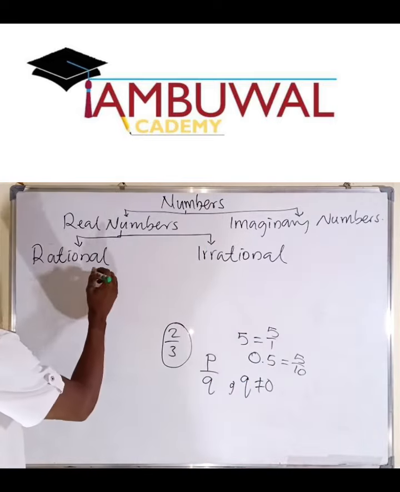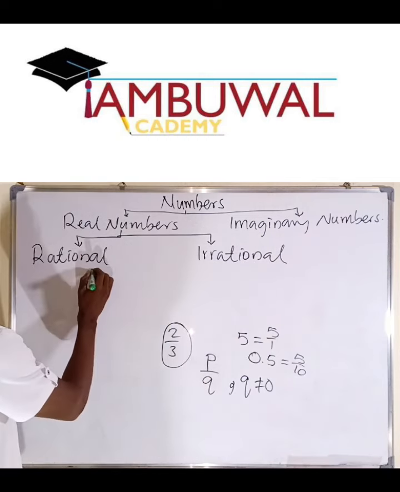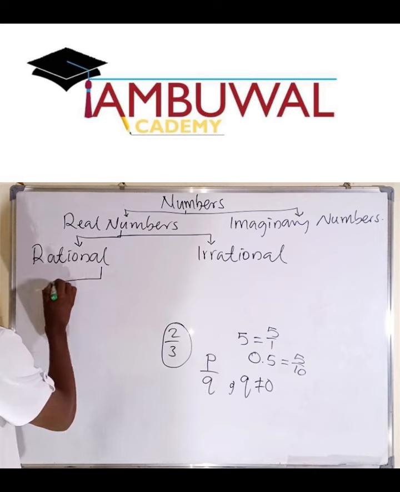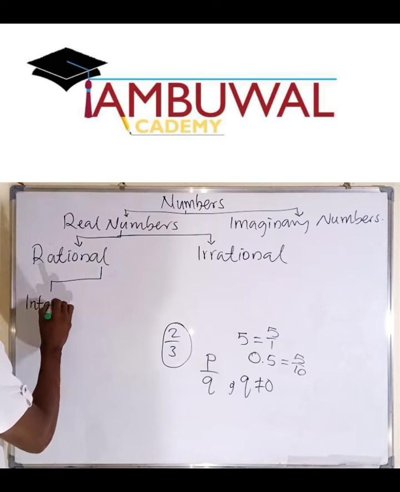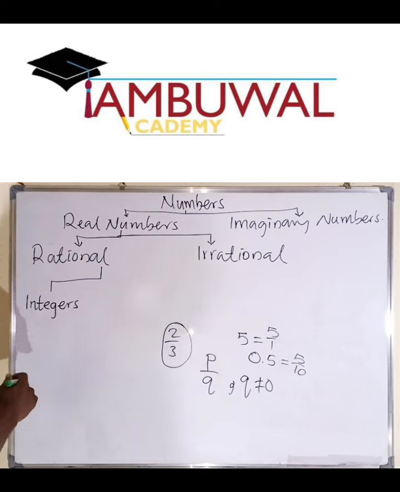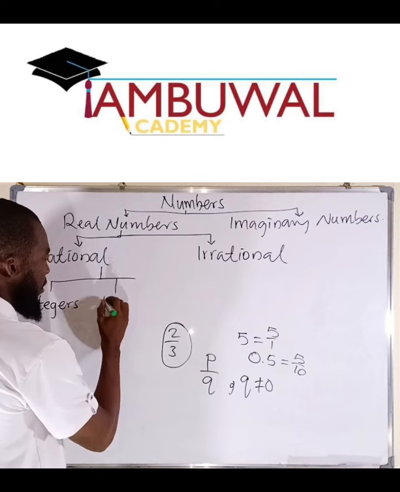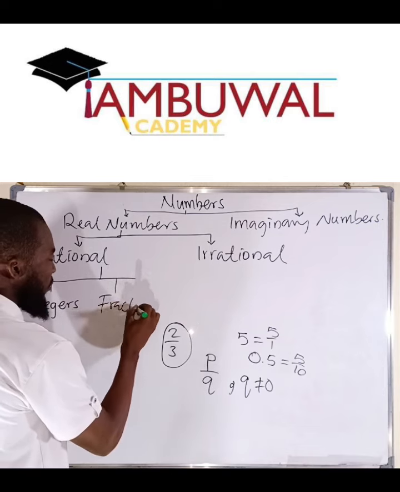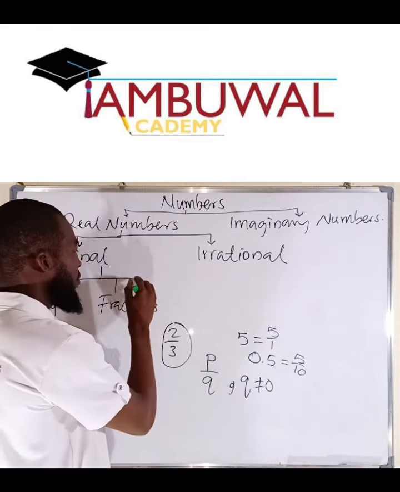So let us categorize rational numbers before we come back to irrational numbers. So we have all integers. All integers are rational numbers. Fractions are already rational numbers.